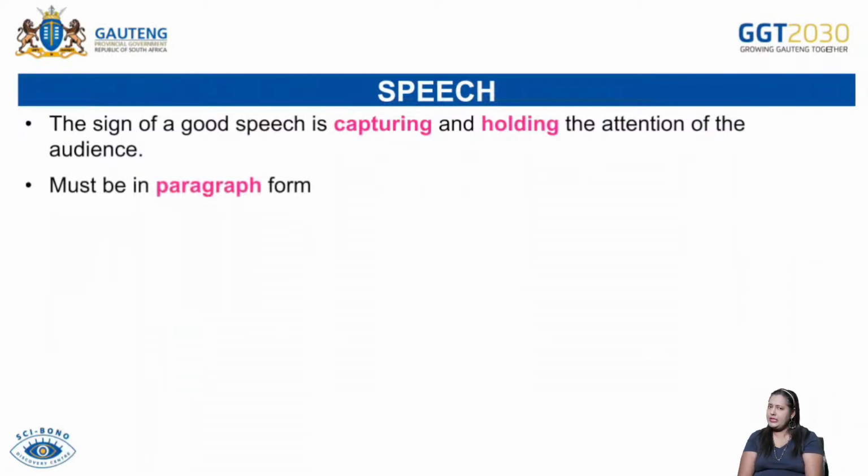Paragraph form has to be included. Remember, it comes into play here when dealing with the structure. You can't start with a sentence and continue the whole thing through as one long sentence and finish at the word count of 200 and say, I'm done with the speech. No, you've got to look at the fact that you're breaking down your ideas into paragraphs and you're providing evidence. Now, you will recall previously we spoke about the PEEL formula.